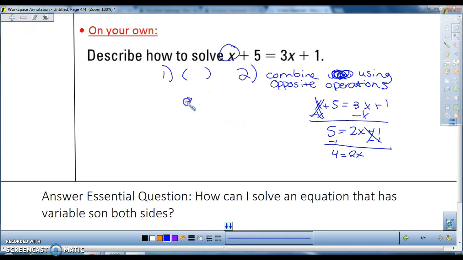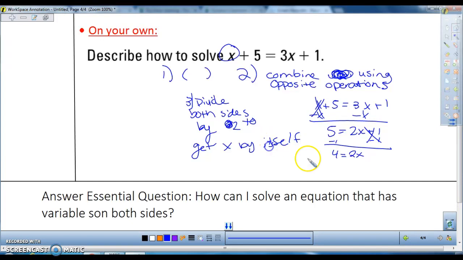And the last step, what we want to do is division. Divide both sides by 2 to get x by itself. And x equals 2. Great.